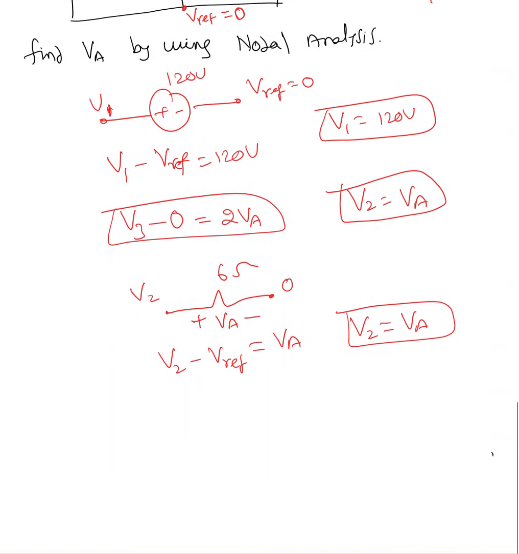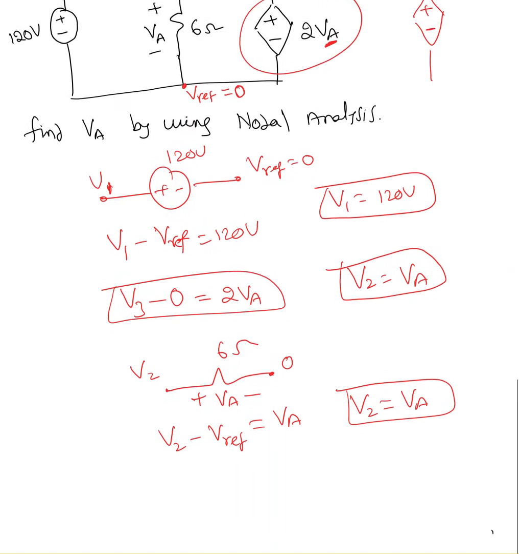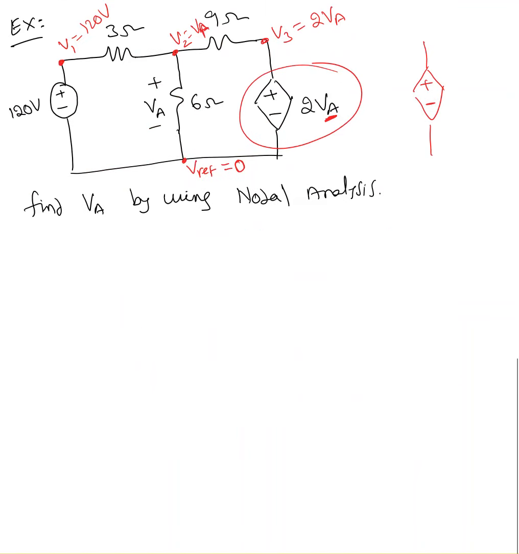Now at VA apply KCL. Let me erase part of this. Now what I'm doing is applying KCL at VA. As usual, I always choose every current going out of the junction. So I1, I2 and I3. So I1 plus I2 plus I3 equal to 0. I1 equal to V2 minus 120 over 3.